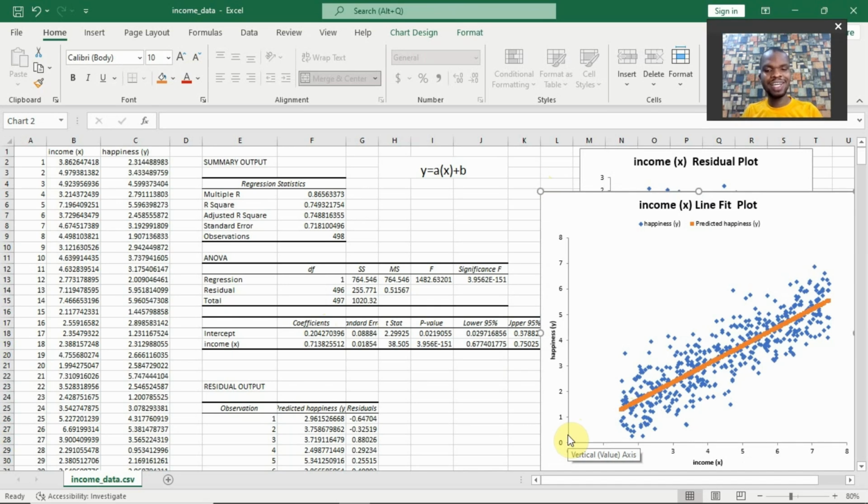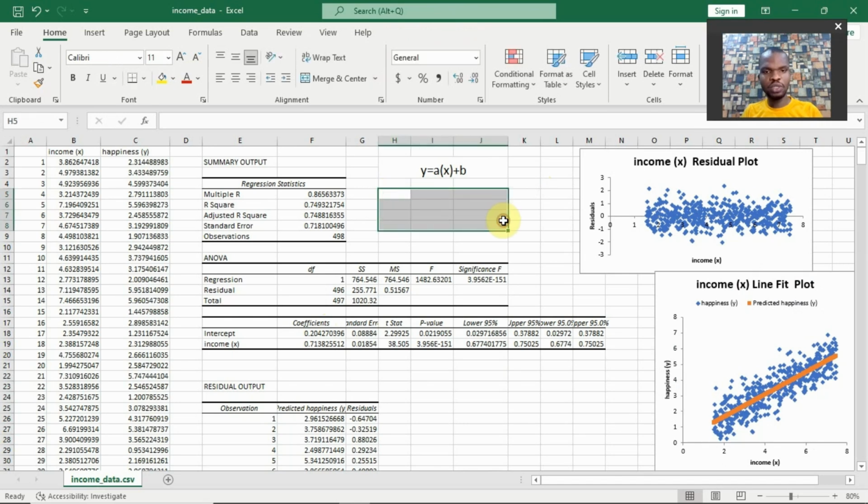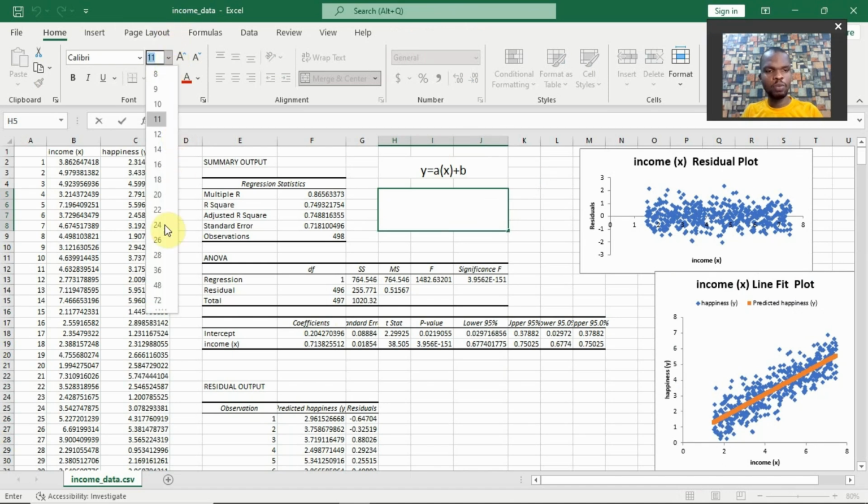So that's your intercept on your y-axis. So in this particular example, our b would have been 0.2.